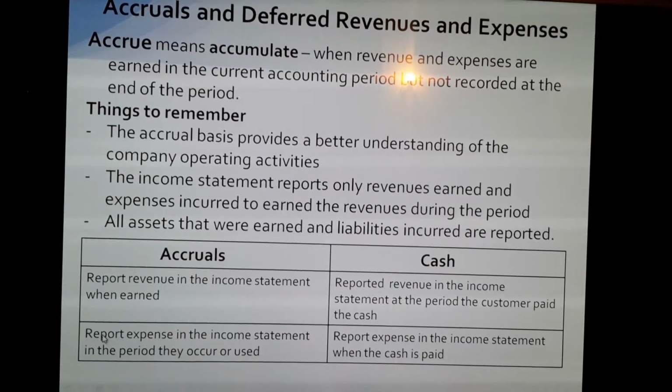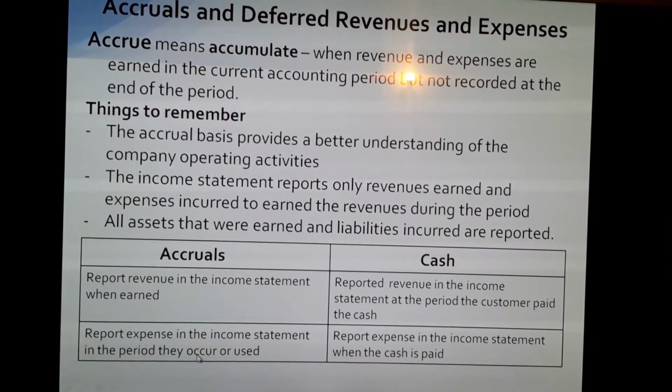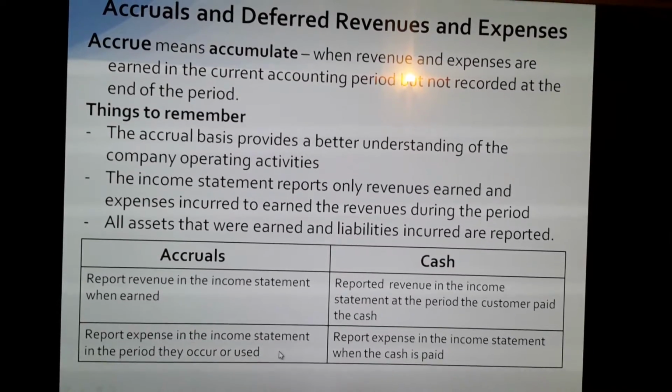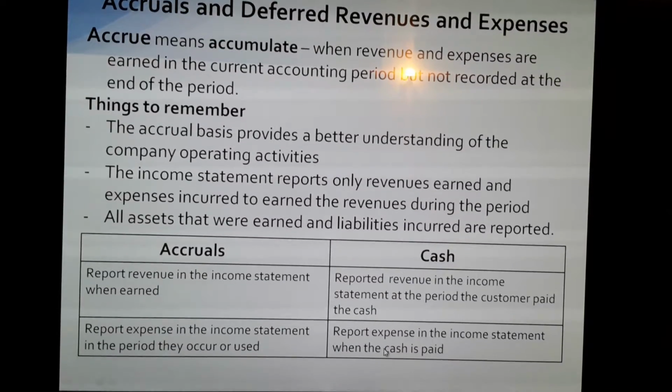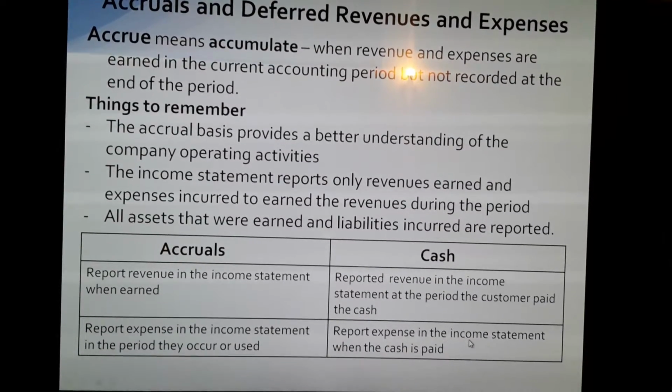The second one says it reports expenses in the income statement in the period they occur, or are used or expired. Here, when the cash is paid, you report that on the income statement.